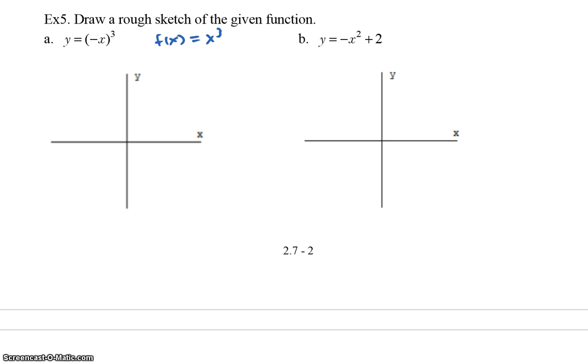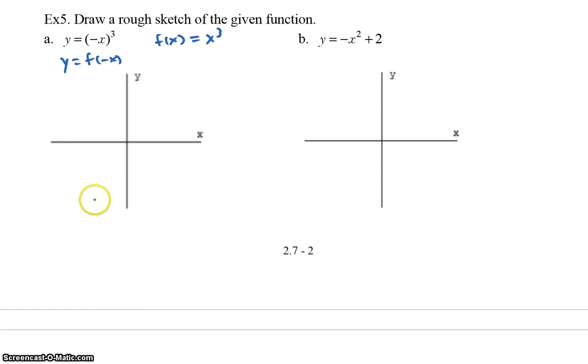And our transformation here could be described as f of minus x, the minus sign being applied to x. This would correspond to a reflection about the y-axis.